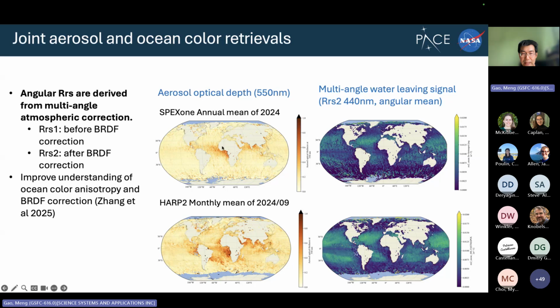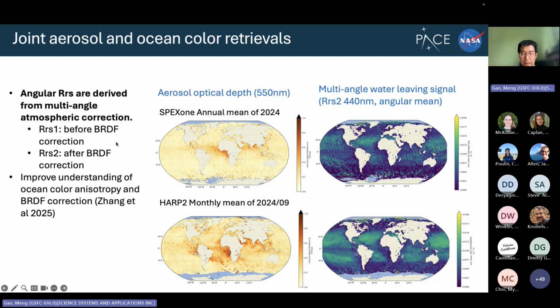In this way, we can get the water leaving reflectance at 90 angles from HARP2 and 5 angles from SPEXone. The result I'm showing here is the water leaving reflectance, which we call the representative reflectance. We average over all the angles after we apply the BRDF correction. You can see a really nice pattern from both instruments.